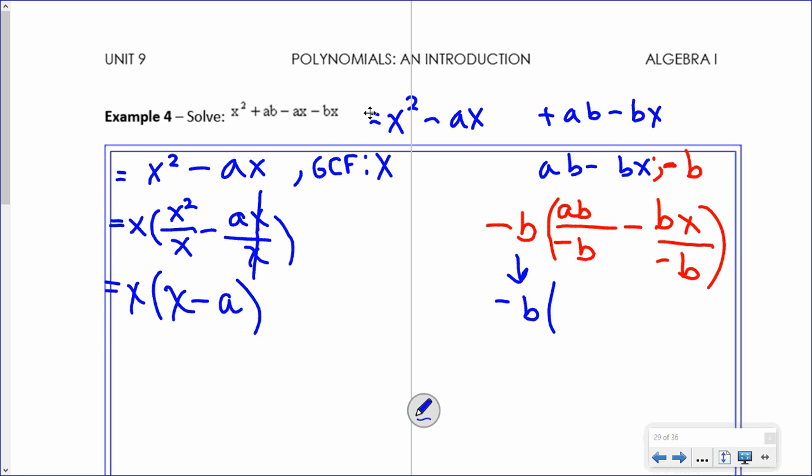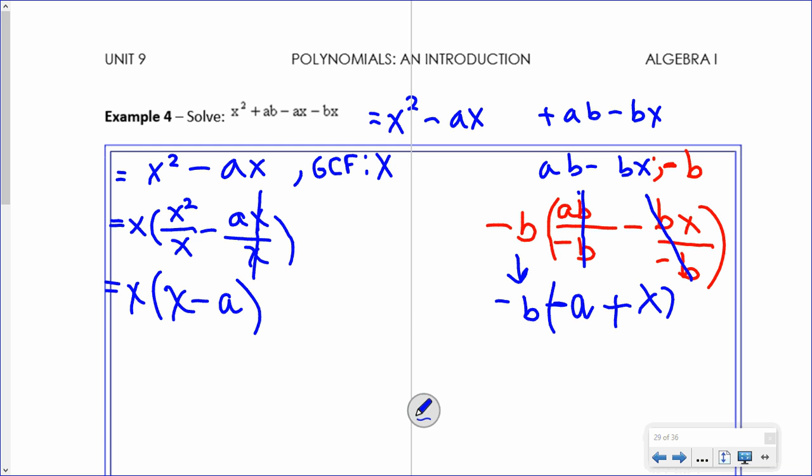I'm dividing a positive by a negative. What do I end up with? Negative. What happens to a? Comes down. What happens to my b's? They cancel. Next, I'm dividing a negative by a negative. What happens? Positive. What happens to my b's? Cancel. What happens to x?